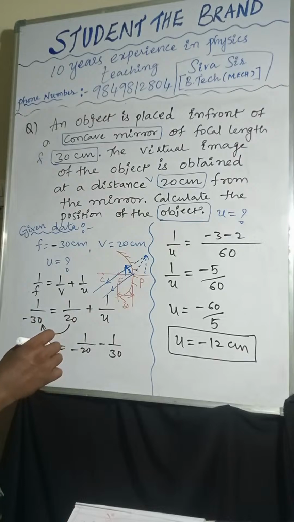Okay, this is the process. Do you have any doubts? You can ask. Otherwise, we'll go to the next problem. So this is the method to solve: identify the problem and write the given data, use the formula, substitute the values and solve it.